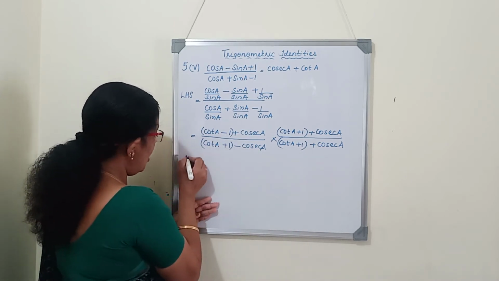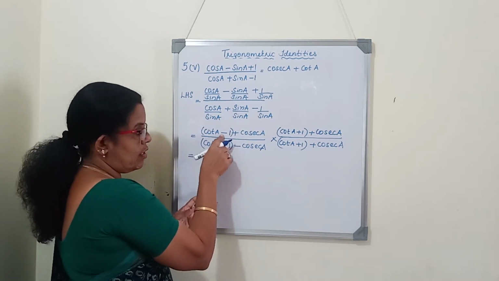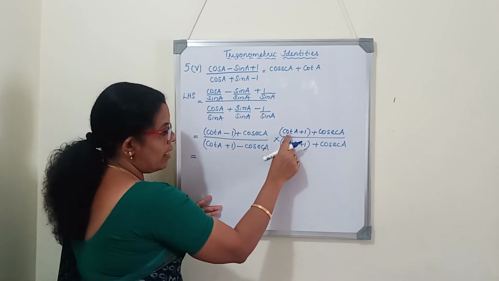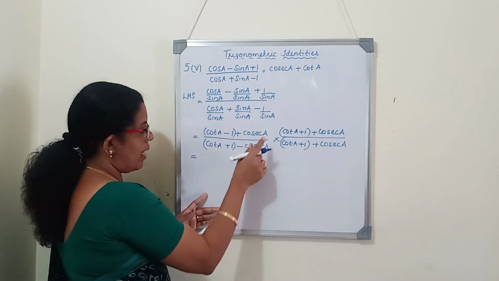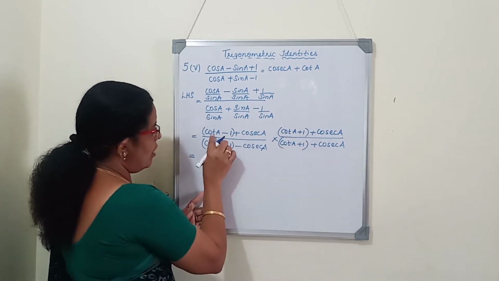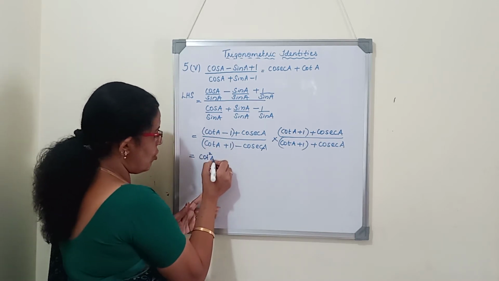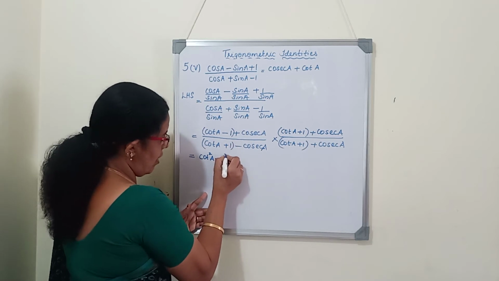First we will see the numerator. First we multiply cot A minus 1 into cot A plus 1, which is again in the form A plus B into A minus B, so it is A square minus B square: cot square A minus 1 square, or 1.